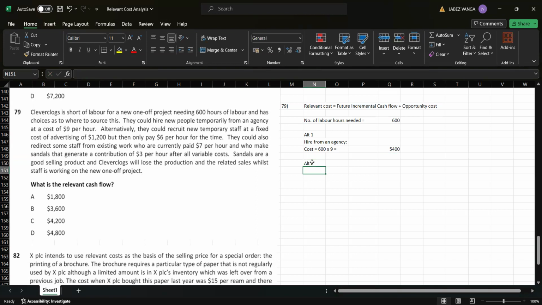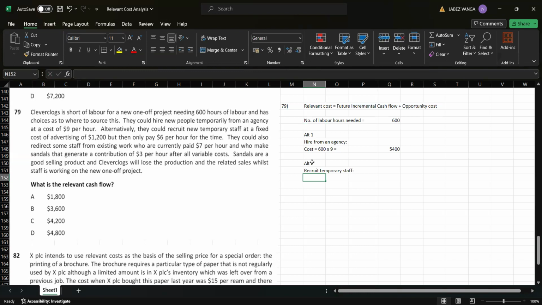Alternative 2 says that they could recruit new temporary staff. This recruiting temporary staff will involve two types of costs.